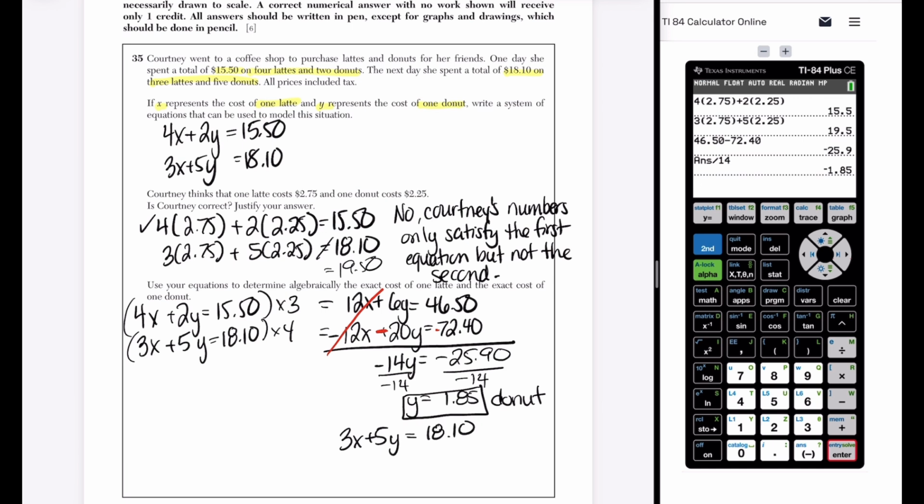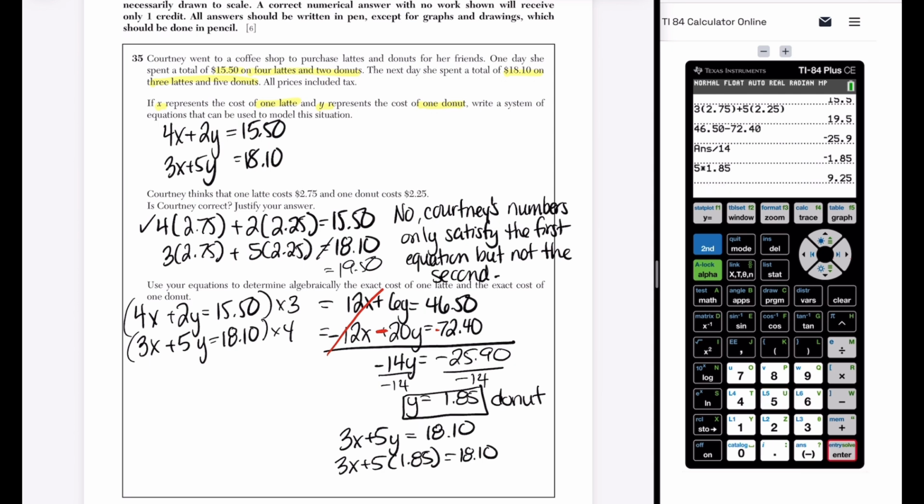Doesn't matter which one you use, but now I know that 3x plus 5 times $1.85 is equal to 18.10. So 5 times $1.85 is 9.25. So 3x plus 9.25 is equal to 18.10.